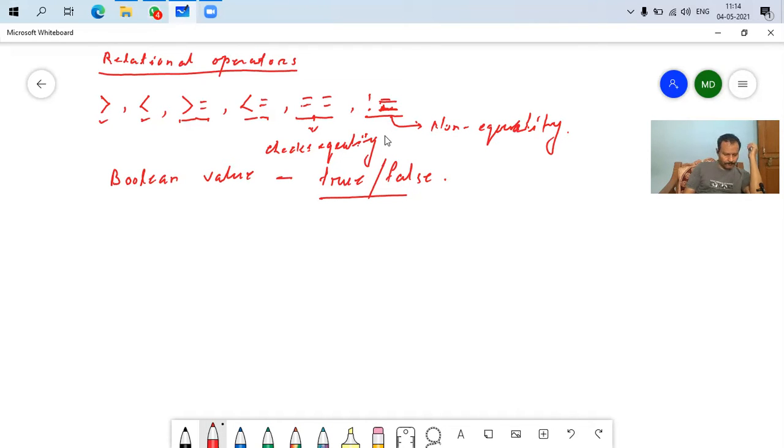Now, the next thing is logical operators. Now, what are logical operators? Let us talk about logical operators.